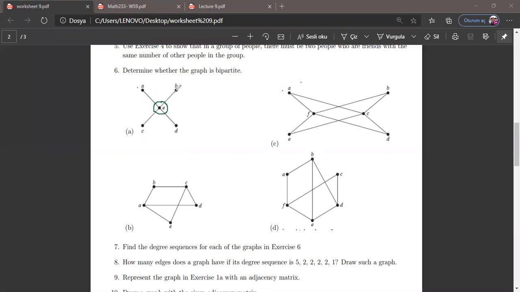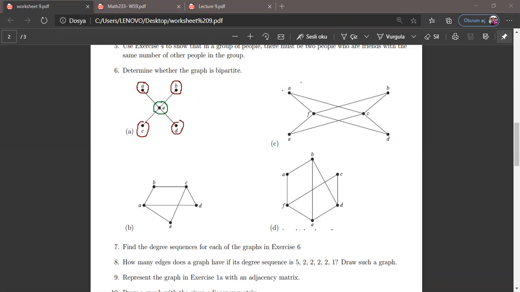As there is an edge between them, B and E are neighbors, so we need to color that with a different color. Again, for A and E, we see they are neighbors, so we need to paint it with another color too. And for C and D, we have the same situation.